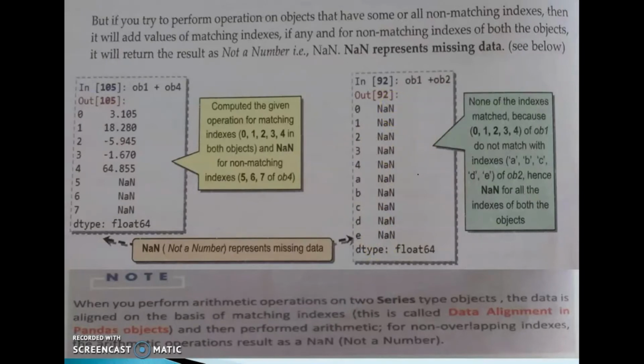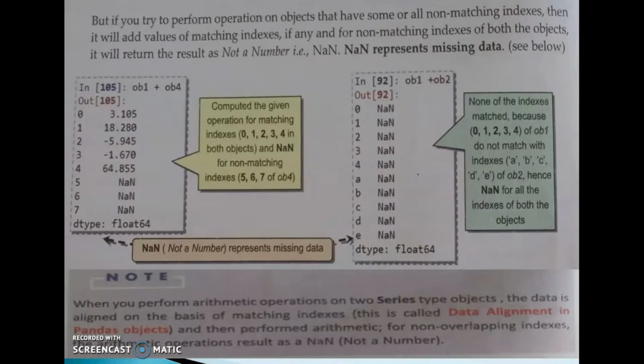Okay, clear this one? When you perform arithmetic operations on two series type objects, the data is aligned on the basis of matching indexes. This is called data alignment in Pandas objects. And then arithmetic is performed.